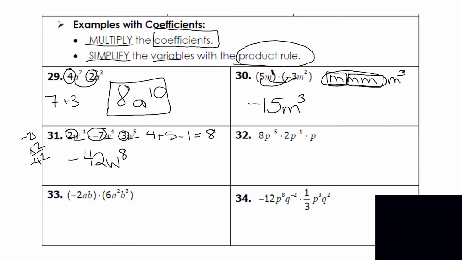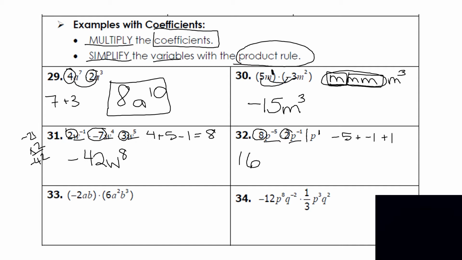All right, 32. I have a coefficient of 8, 2, and then even though it's not here, 1. So 8 times 2, 16. 16 times 1 is 16. All right, p to the -5th, p to the -1st, and even though there's no exponent here, p to the 1st. So I'm taking -5 plus a -1 plus 1.